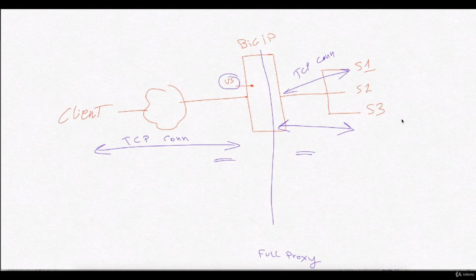So the connection is very good, but the connection between the virtual server and the client, usually it is WAN or internet even. So the latency and delay is very high. This is where the Big IP will increase the window size on the client side to accommodate the latency, but on the server side, there is no need to increase the window size because already the latency and the delay is very low because we are sitting in the same LAN.